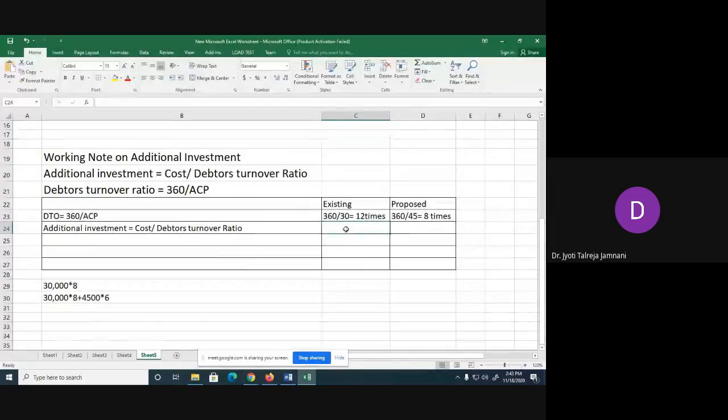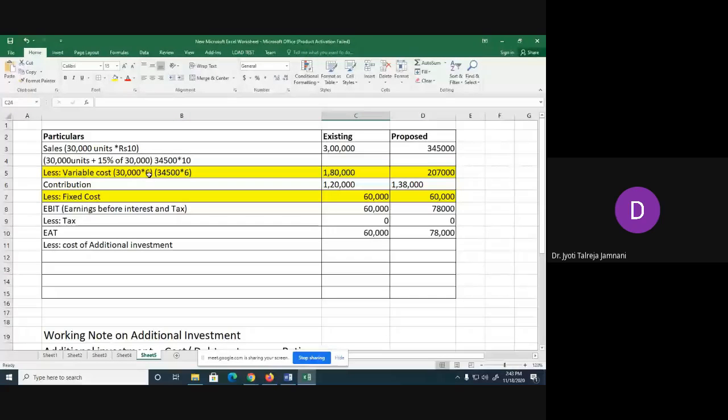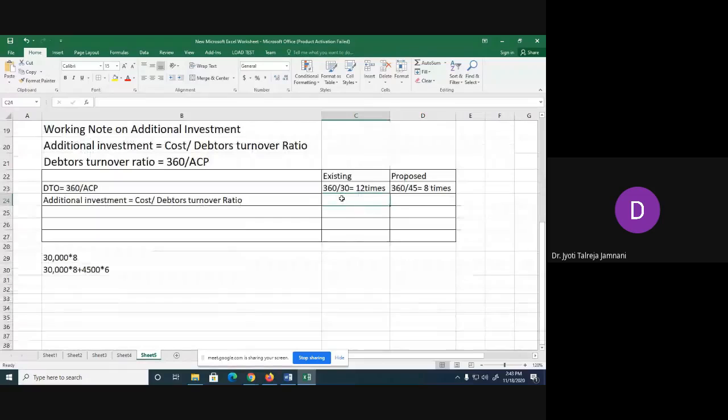So here we will write down. In the first case, the variable cost existing is 1,80,000 and fixed cost is 60,000. So I will add 1,80,000 plus 60,000. First we add, this is our total cost, and we have to divide the total cost with the debtors turnover ratio.